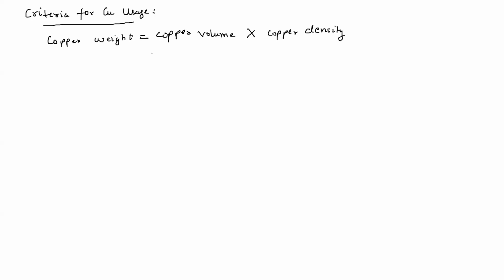You can see that the copper weight is proportional to copper volume. Let us see what copper volume is proportional to. It is proportional to conductor cross section area into conductor length, because volume is area into length.